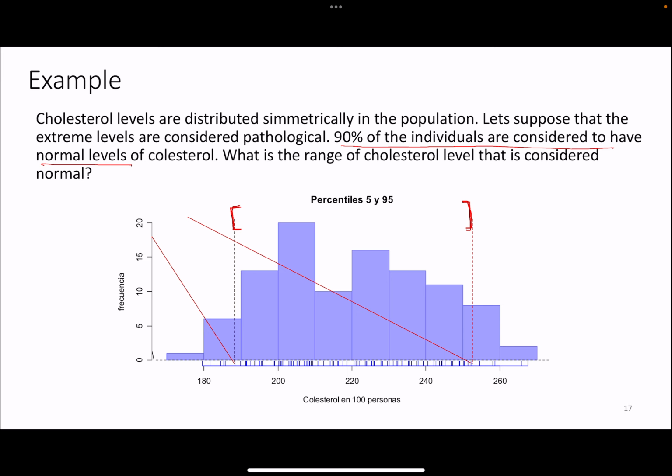If I have percentile 5 here and percentile 95 over here, that means that the area in the middle is 90% of my population. So the cholesterol levels considered in a normal range are between 190 and 250 milligrams of cholesterol.